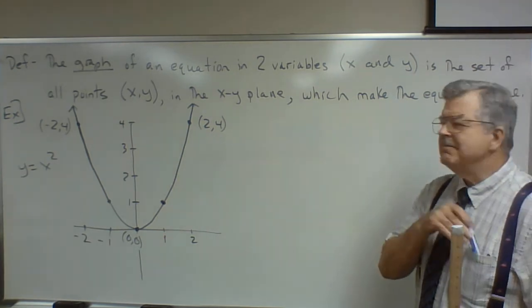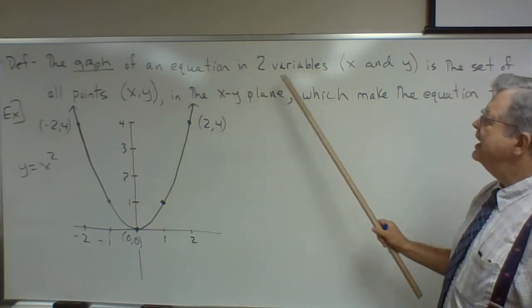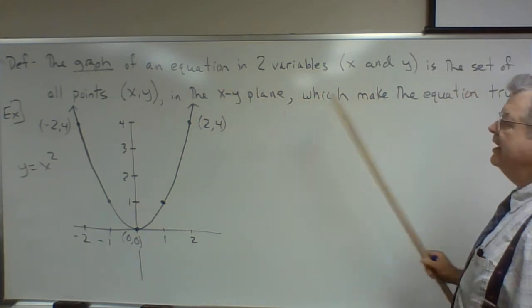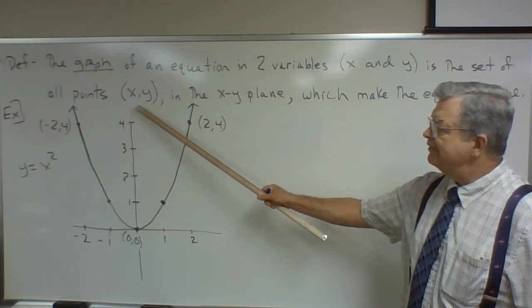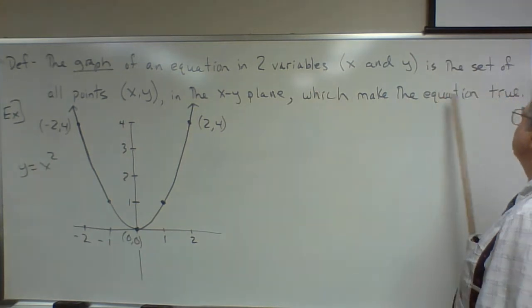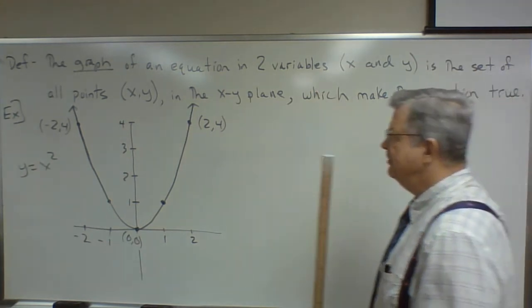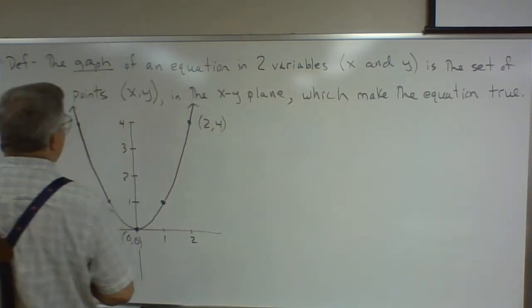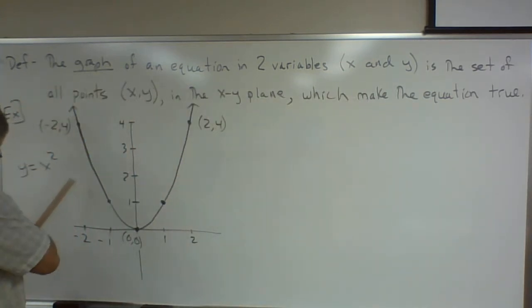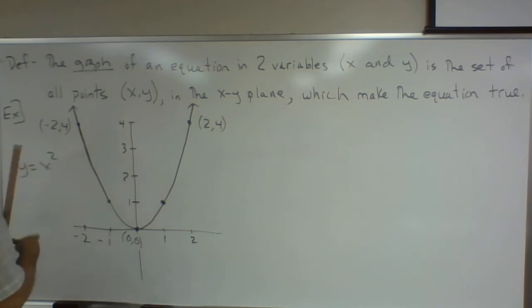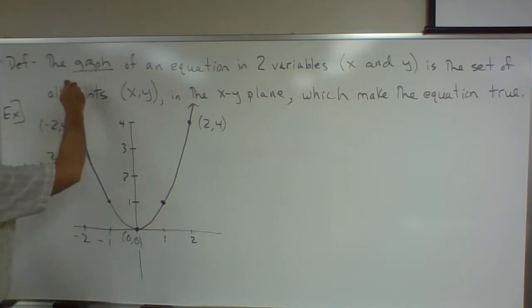Now, I said a graph of an equation in two variables is the set of all points x and y which make the equation true. And when I say all points, each point that I refer to is an ordered pair.